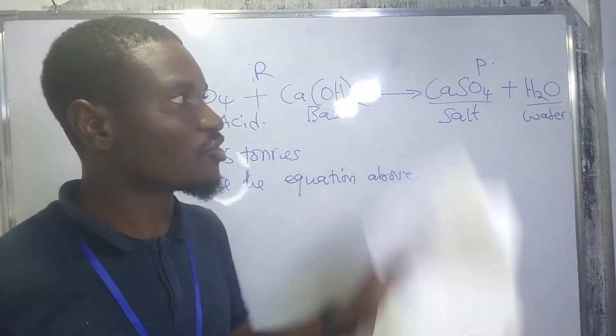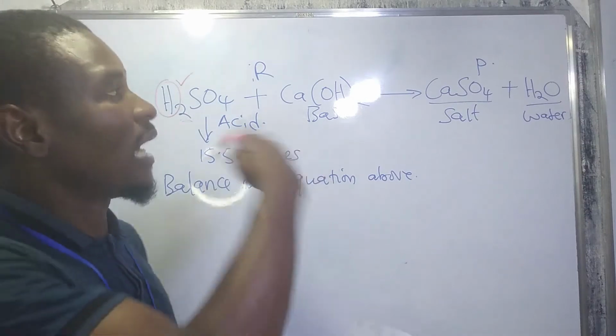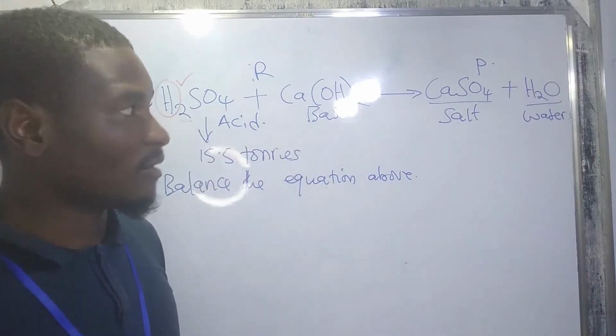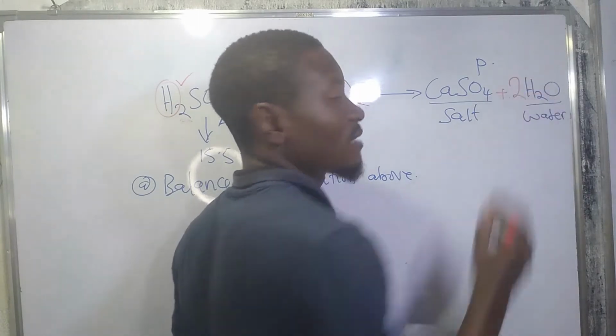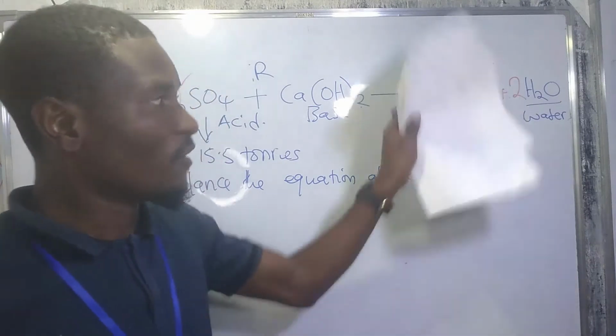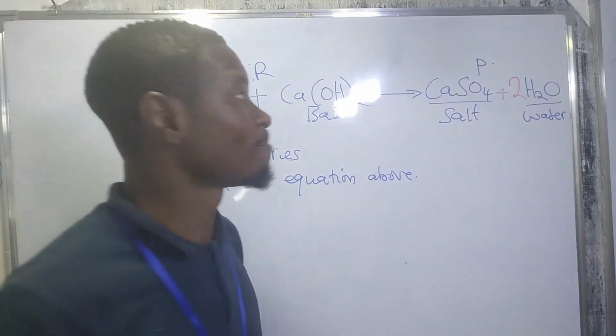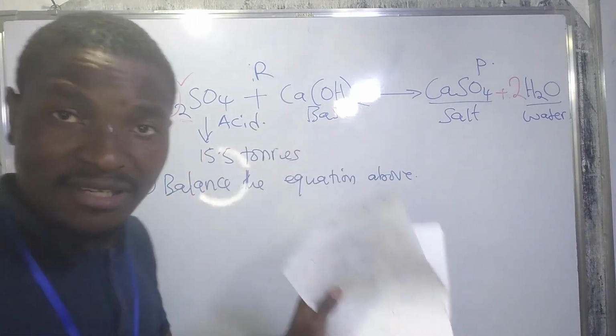So how do we change the 2 to become 4 so that it balances with those in the reactants? What you do is you put the 2 in front. Once you do that, you have only balanced the hydrogen.